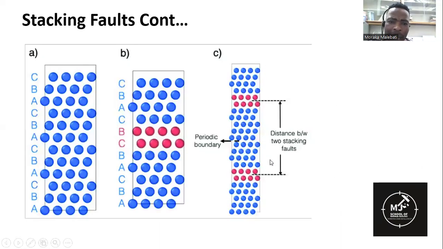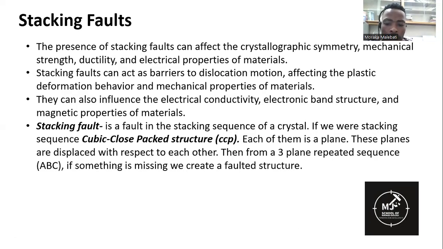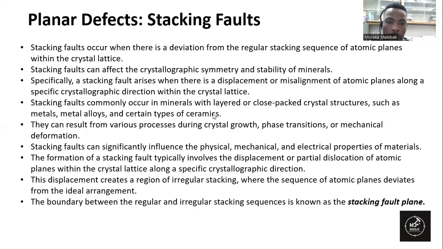Now these ABC, they are defined as planes. So like I said, the stacking fault arises when there is a displacement or misalignment of atomic planes, those ABC, along a specific crystallographic direction.